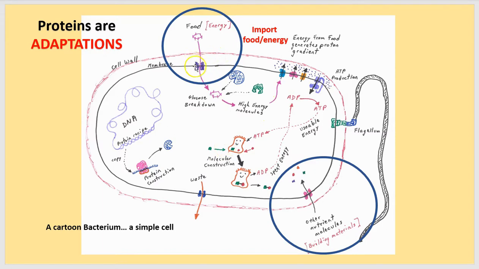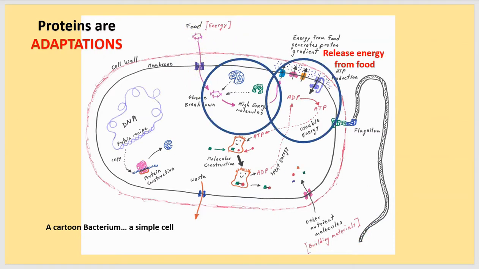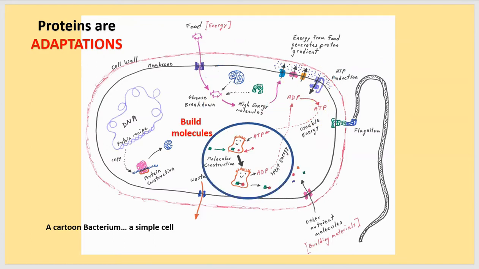For example, this protein right here is responsible for importing an important food or energy molecule, glucose in this case. We've learned about other proteins that are going to be involved in releasing energy from food, and we learned about this set of proteins on the membrane. We called it the bank, converting the energy of glucose into the energy stored in molecules of ATP.